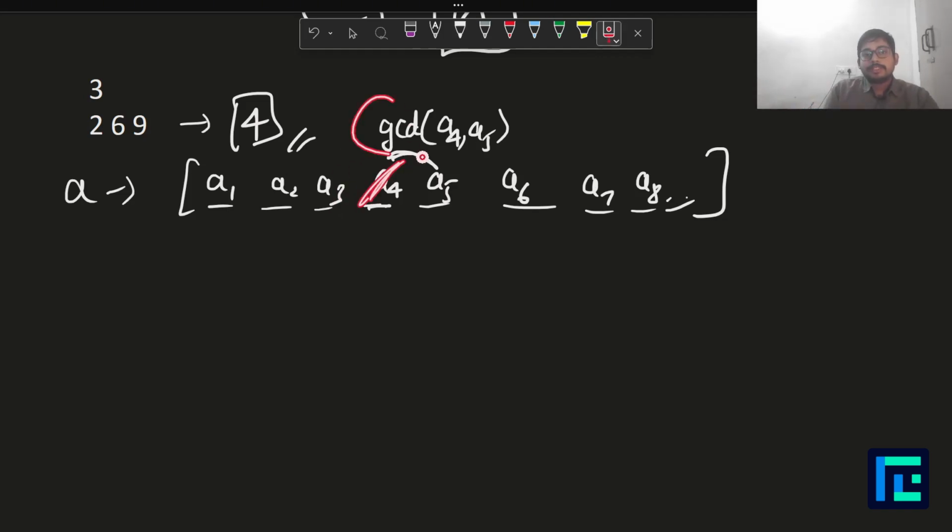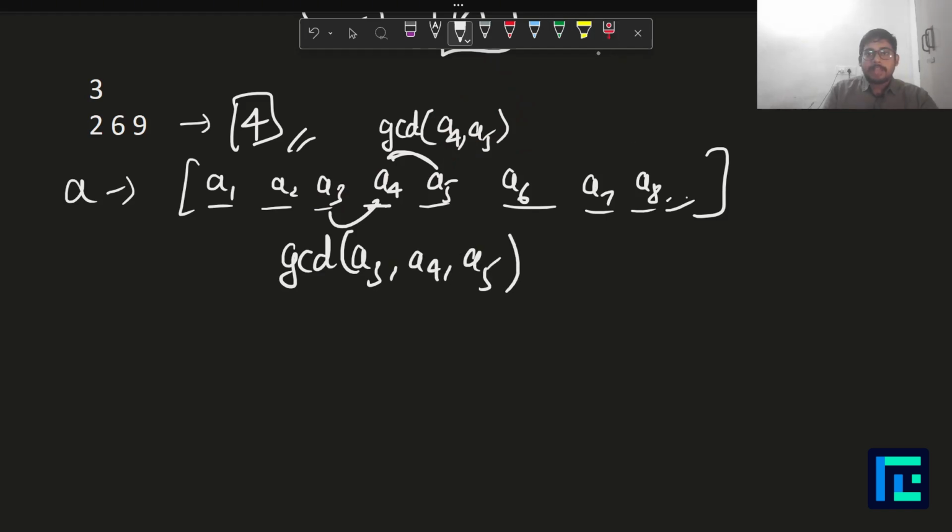So if you replace this one with its GCD and then you perform an operation with these two elements, basically you are doing GCD of A3 with the GCD of A4, A5, which is effectively GCD of A3, A4, A5. Okay, as you know about the property of GCD, you can basically combine them.